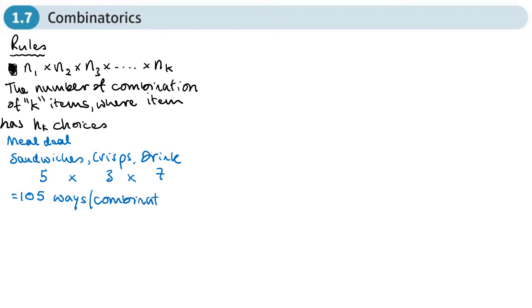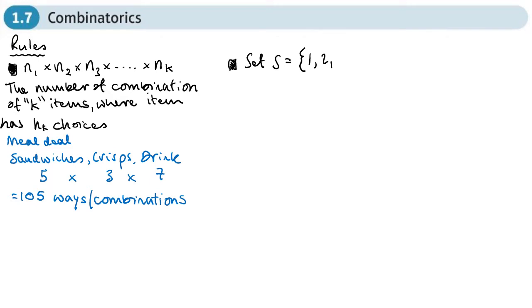So the total number of combinations is just going to be 5 times 3 times 7. That tells me that there are 105 ways or combinations for sandwich, crisps, and drink. So N1 in this case represented the number of choices for sandwich, 5, N2 the number of choices for crisps, and N3 the number of choices for drink. So it's just multiplying them together.